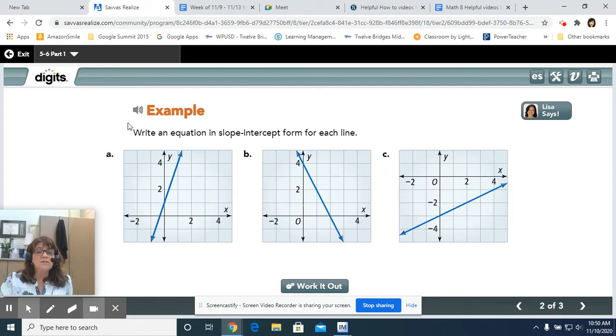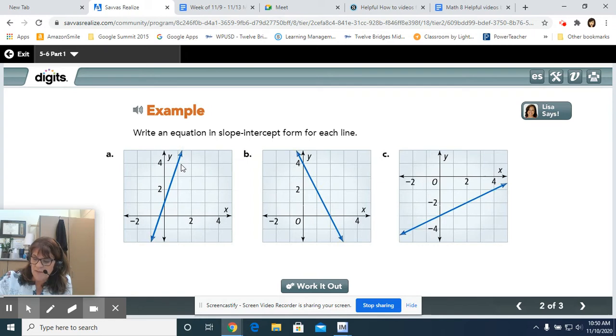Then we need to look at the slope. Now, I will tell you, for looking at slope, if you don't have specific points, look for a couple corners at which it touches. So in this particular case, if I go up 1, 2, 3, and over 1, my slope is rise over run.